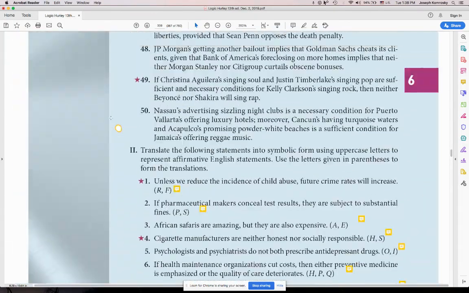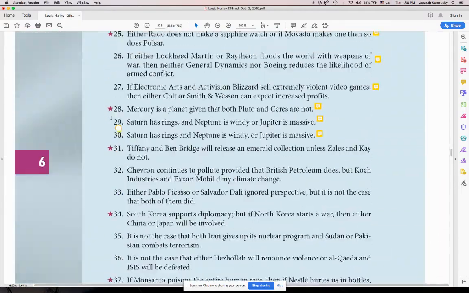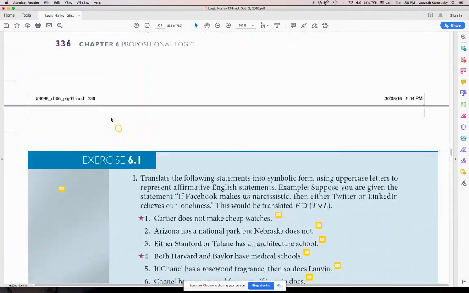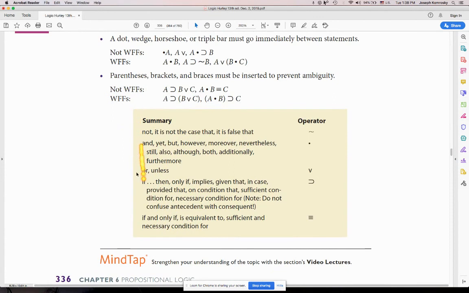And again, you have 5 logical operators. You have your cheat sheet right here with what English I'm going to use, what triggers me when I see this certain English over here, it's going to trigger me to use this symbol. Or if I see an or unless, I'm going to use this symbol and not these other ones, right?